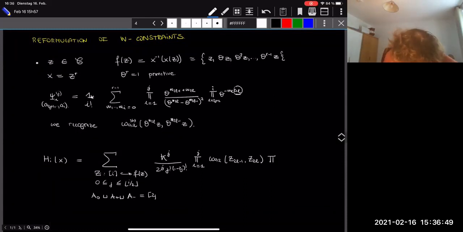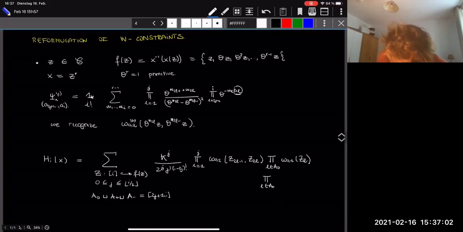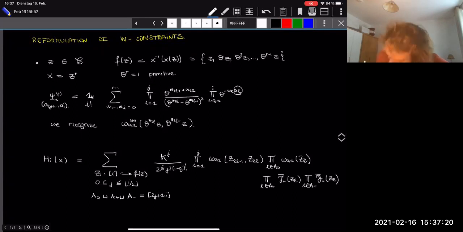So that's 2j plus 1 I. And here I have the elements which take omega 01, the elements that take, so I can maybe write, that take j plus z_l, and the elements that take j minus z_l.